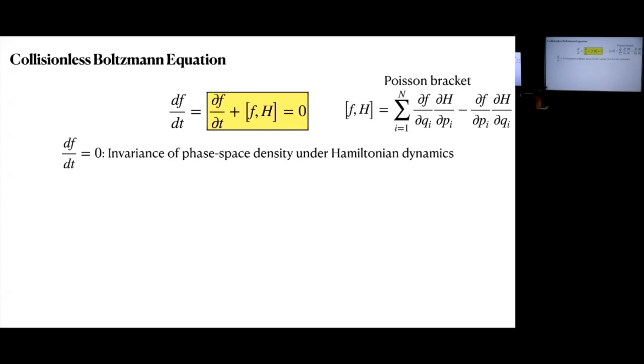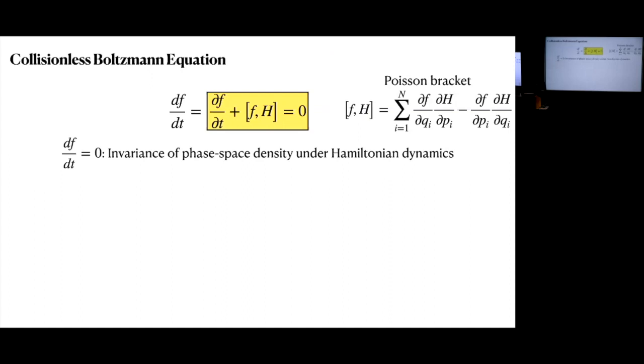Now you stand at a particular point in the phase space and look at how the distribution function changes as a function of time at that point. That is given by del f del t plus the Poisson bracket of f with the Hamiltonian, equal to 0. The Poisson bracket is given by that expression; it depends on the conjugate variables, the position and momenta.